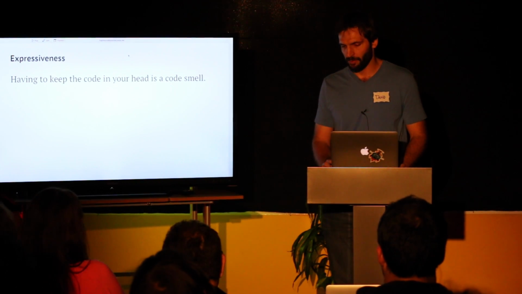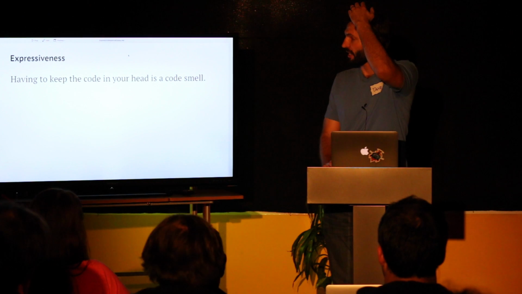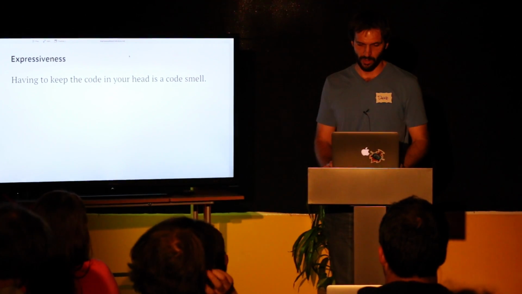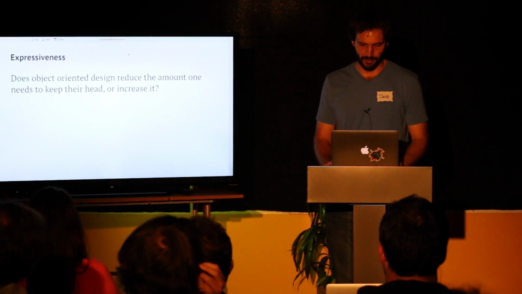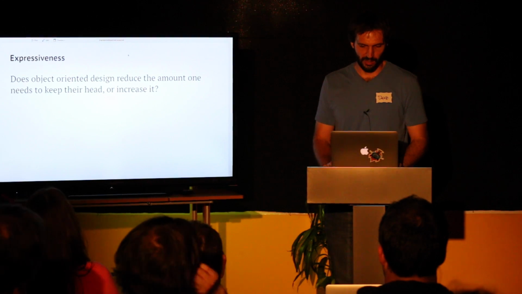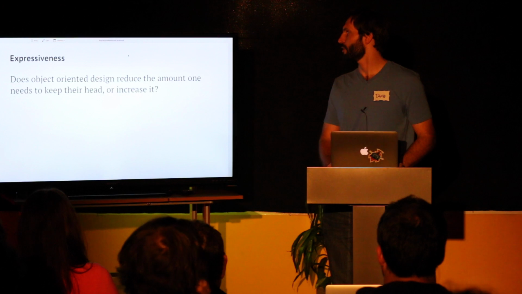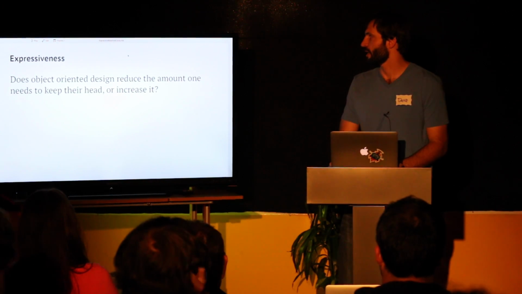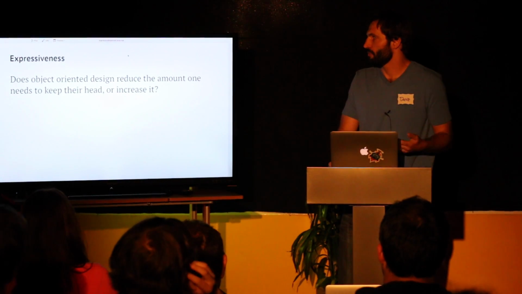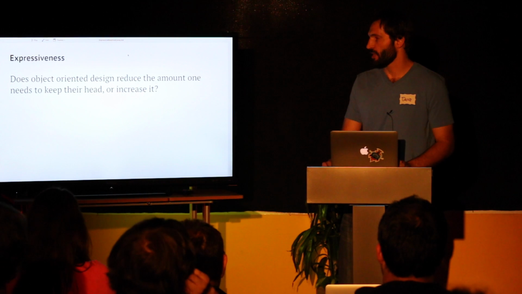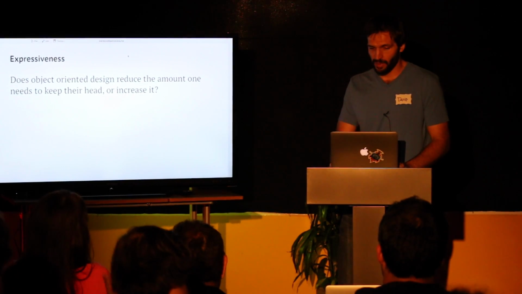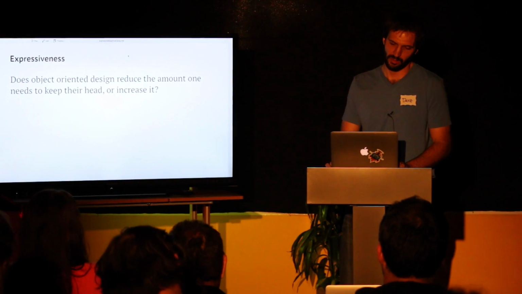The more complex your app is, the more you have to juggle in your head, the tougher it is to write quality software. And I think some of this is due to typical object-oriented design that we work with all the time. Everyone will have their own opinion, I guess, but does object-oriented design reduce the amount that you need to keep in your head, or does it increase it?